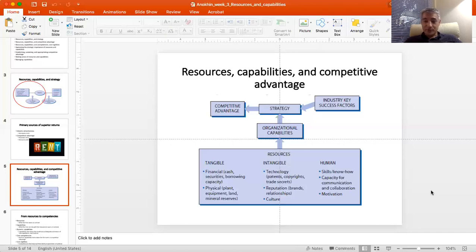So that movie documents, I think, the Winter Olympics of 1980. And according to the movie, which is entirely based on historical events, a decision was made to not really involve NHL players and rather to get college players and combine them into a team and create this organizational culture and create the team spirit and nurture it.